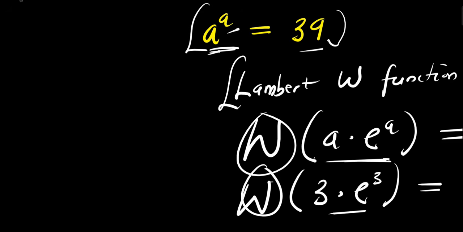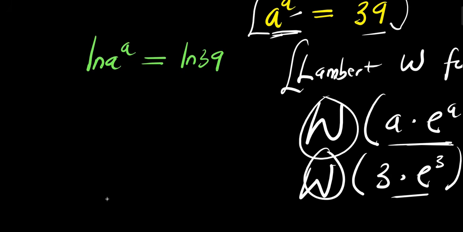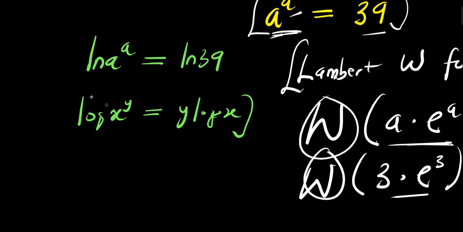Now let's go ahead and do that. So we are going to make use of natural log. I have natural log of a power a equals natural log of 39. Now remember, you apply the properties of logarithm to natural log. So if you have log of x power y, this equals y times log of x.